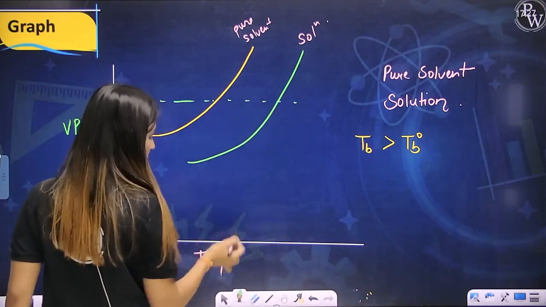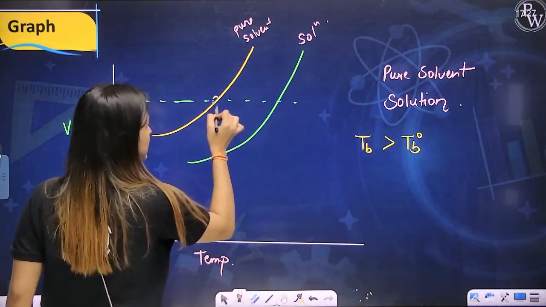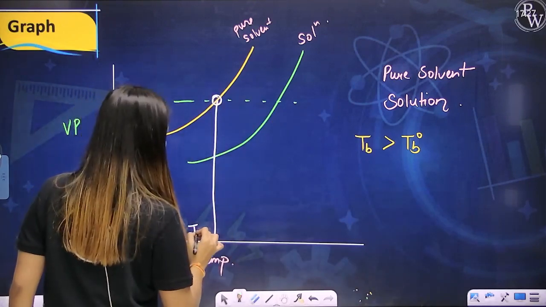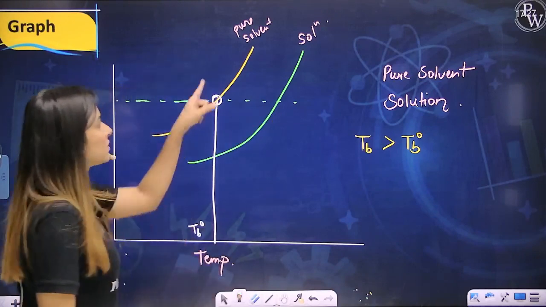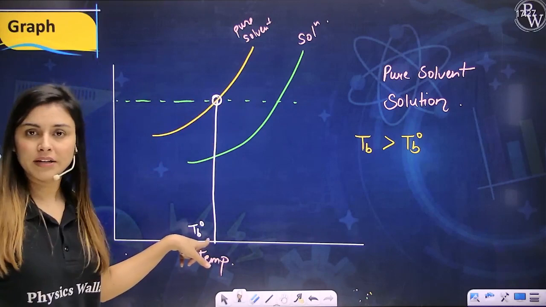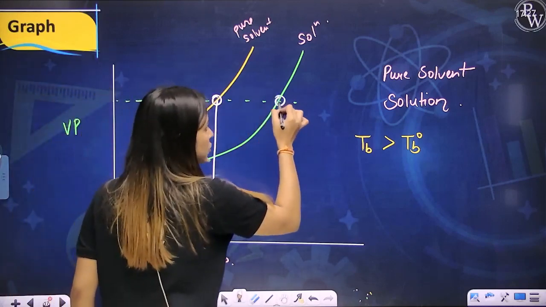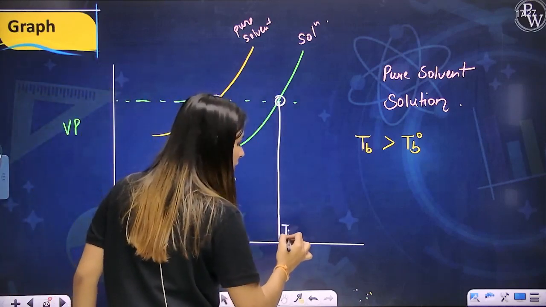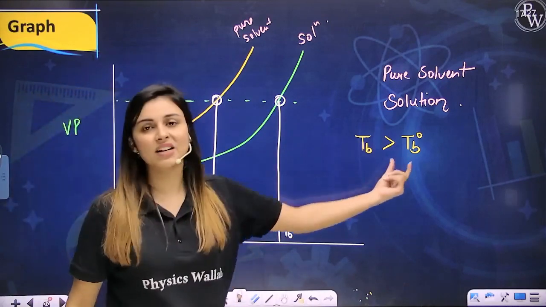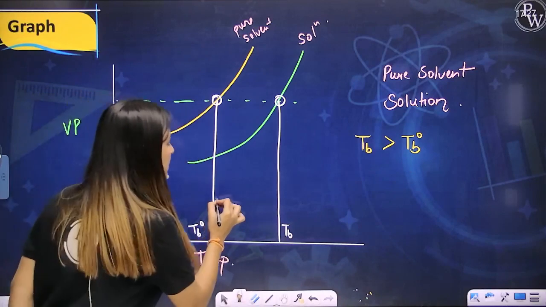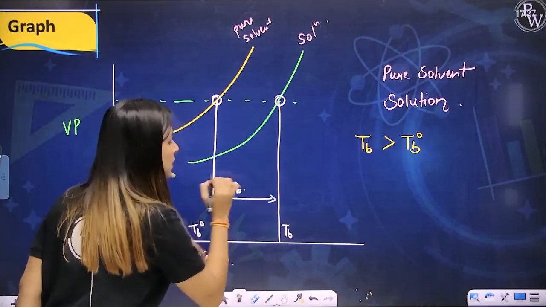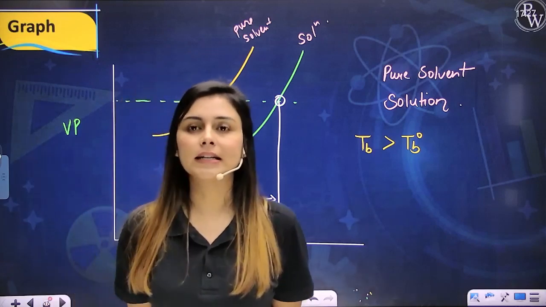The temperature corresponding to this particular part will be TB not, because this corresponds to the boiling point for the pure solvent, and the temperature corresponding to this will be TB. If you see from the graph as well, you can say that TB is more than TB not, and this particular part is known as your delta TB.